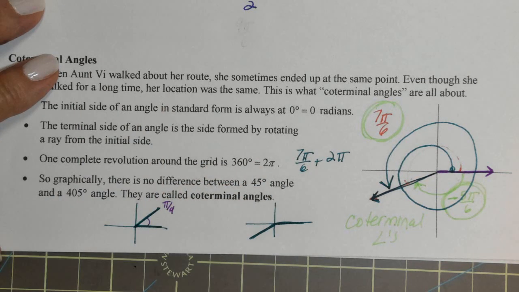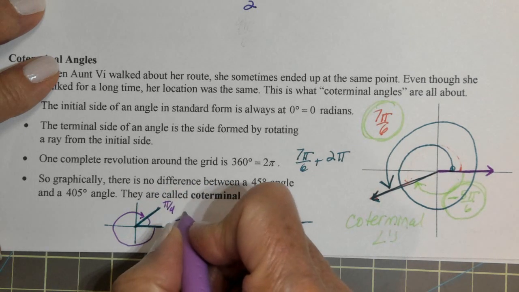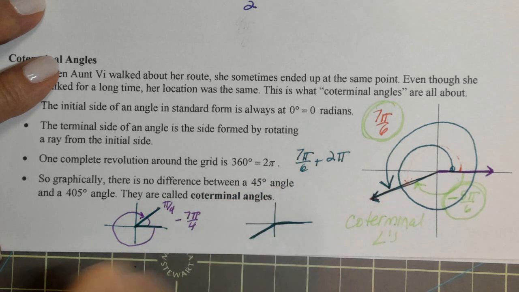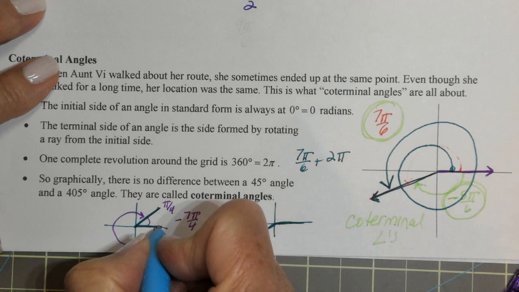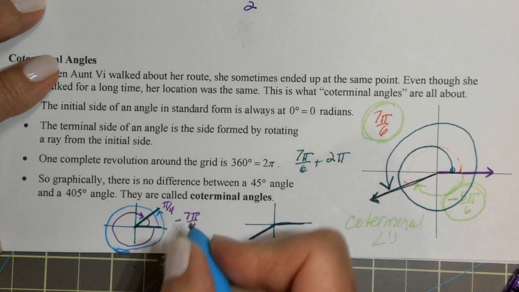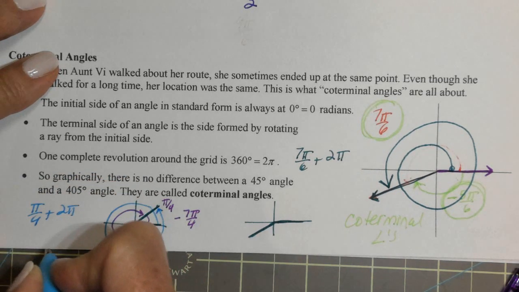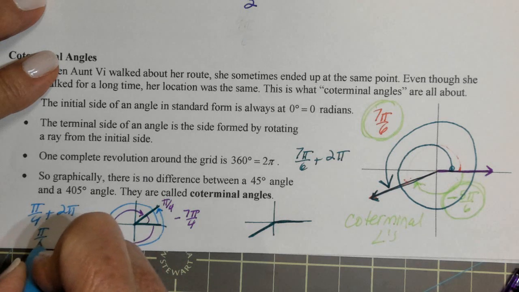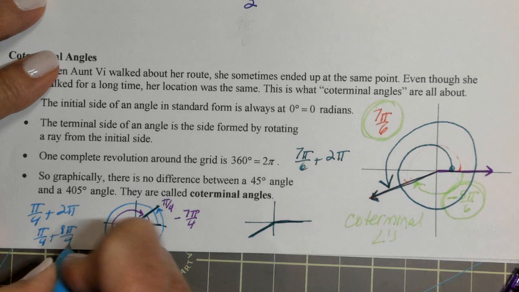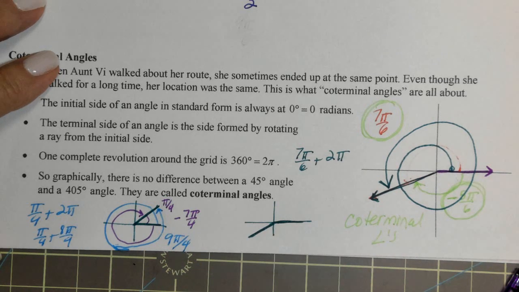That's one answer. But I could also say that is negative 7 pi over 4. Or I could say that answer is pi over 4 plus 2 pi, which would be pi over 4 plus 8 pi over 4, or 9 pi over 4. These are all coterminal.